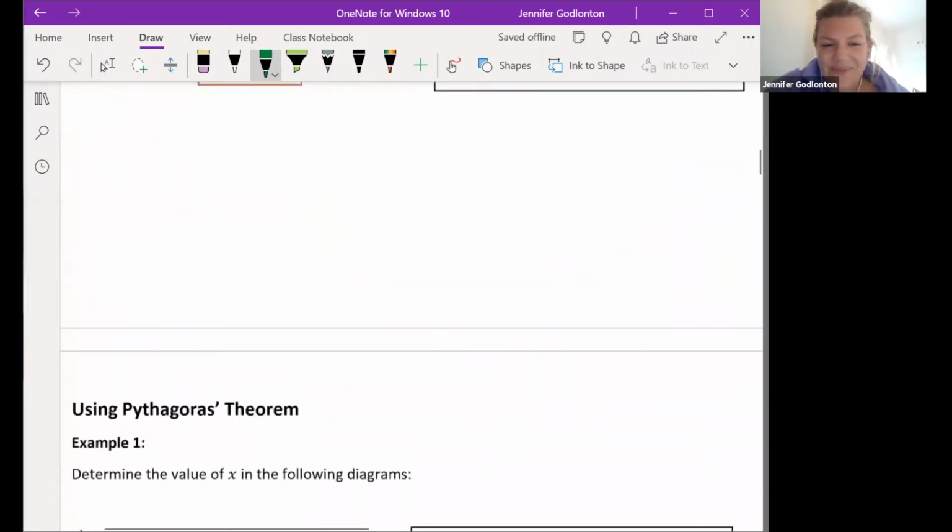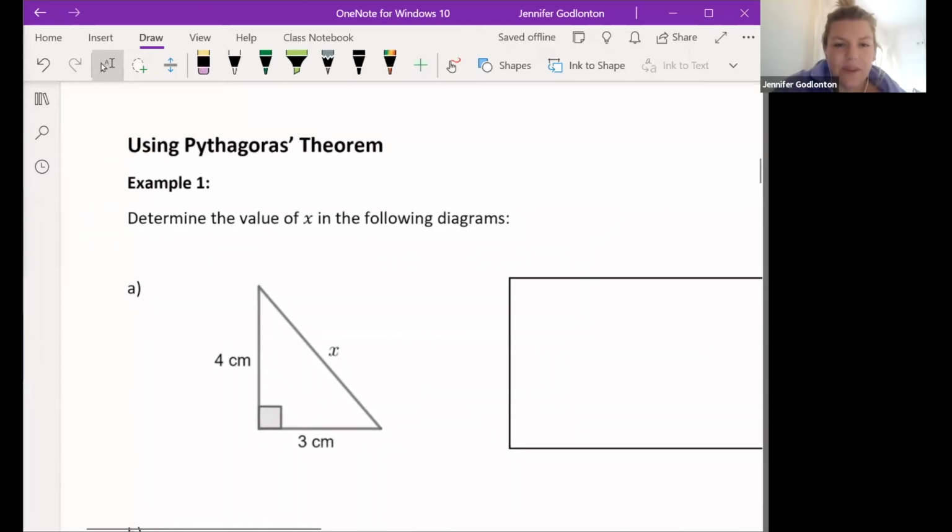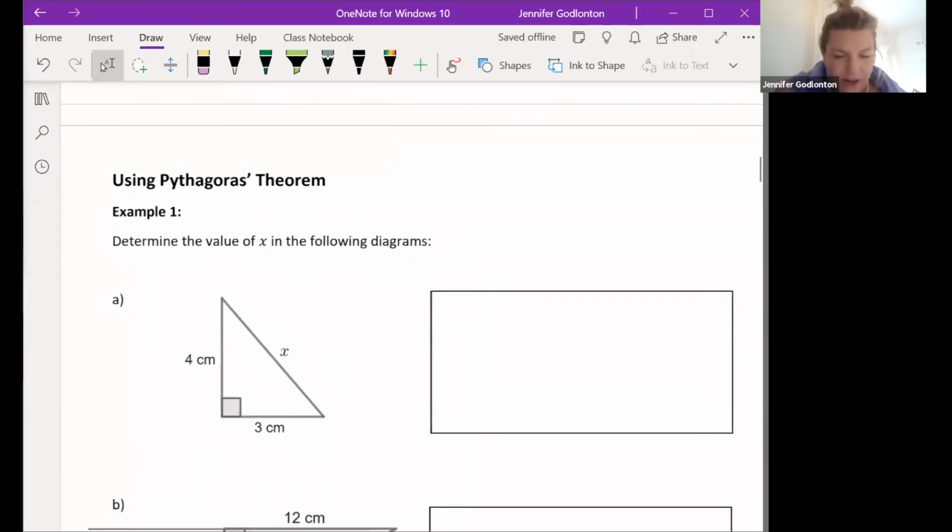Okay, let's have a look. This is what it would look like. So we would be given a triangle, and the first thing we have to do, and I recommend you get your highlighters out while we get used to this, is highlight your hypotenuse. Our hypotenuse is the one which is always going to be opposite our right angle.